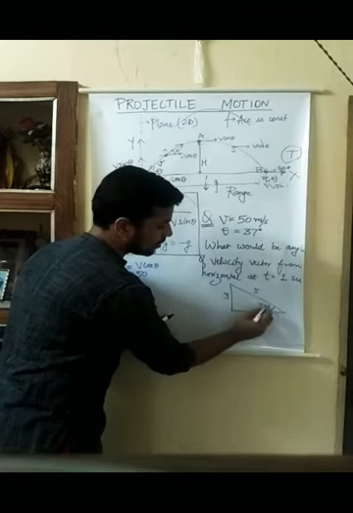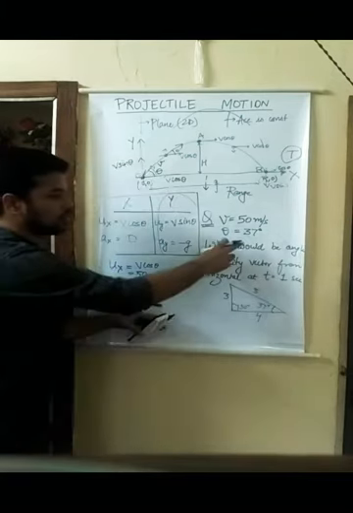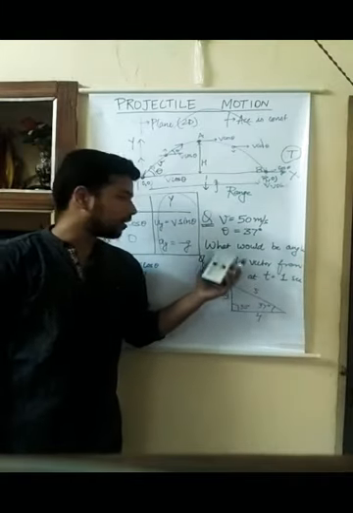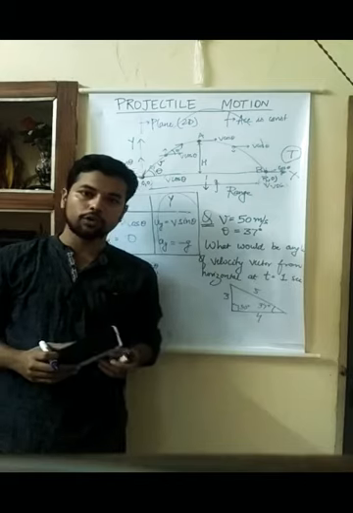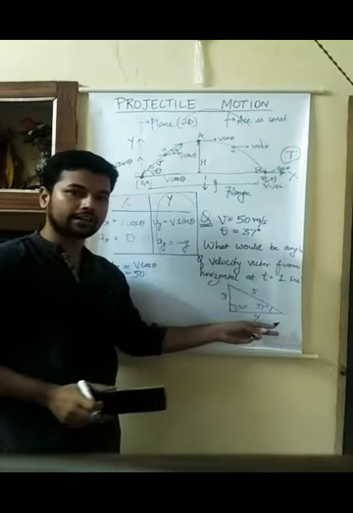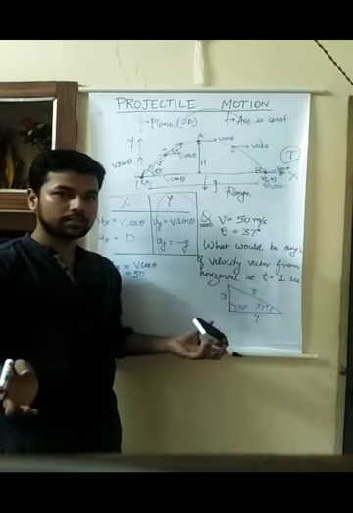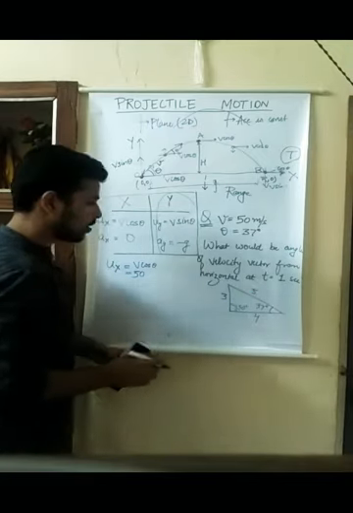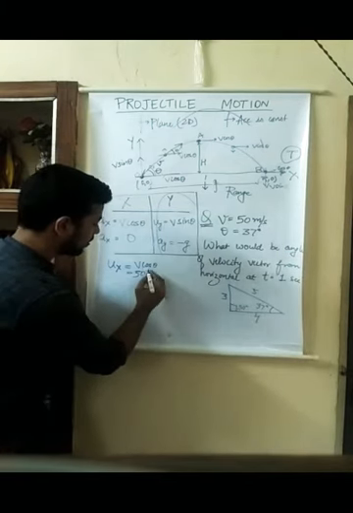This angle is 37 degrees, this is 90 degrees. That's why the 37 degree angle is used in a lot of problems, because it makes calculation relatively easy. So cos 37 would be 4 by 5.